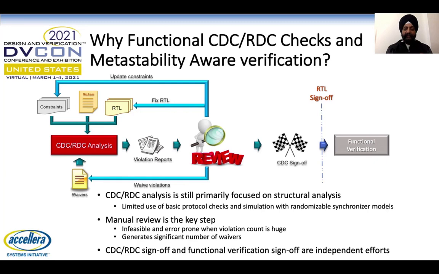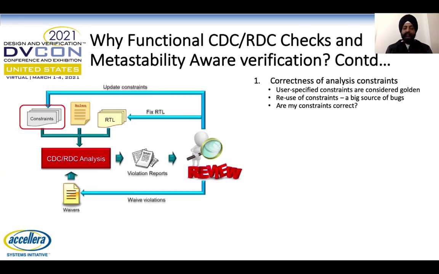So here also, why do we need the additional checks? A lot of this verification happens with the CDC constraints, right? So there's a question: the constraints which I have verified, are they correct? To get a more comprehensive sign-off, you need to analyze the correctness of your waivers.